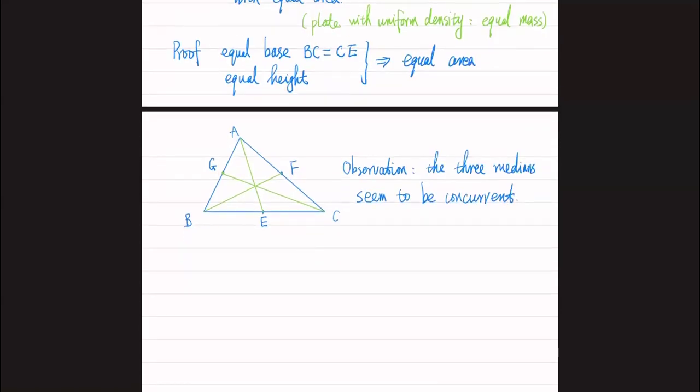So this is our next theorem. For any triangle ABC, the three medians are concurrent.